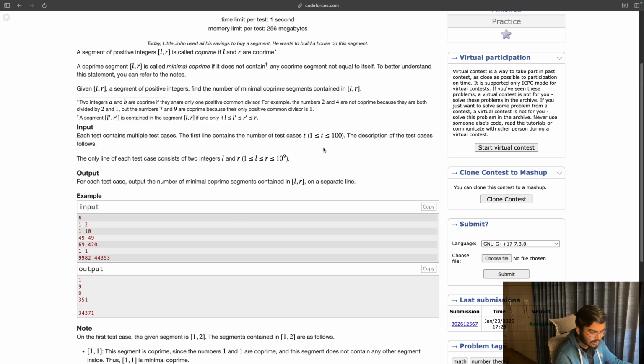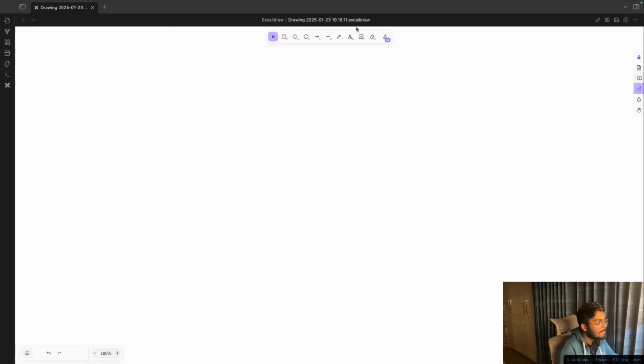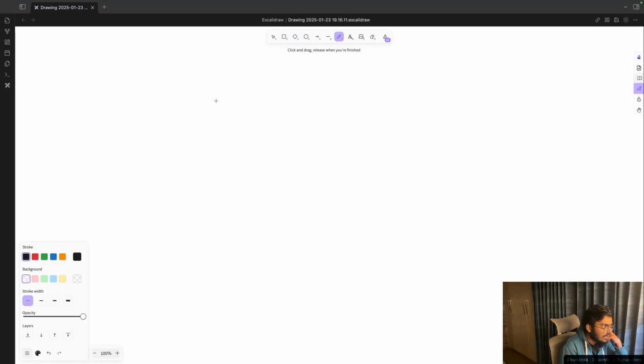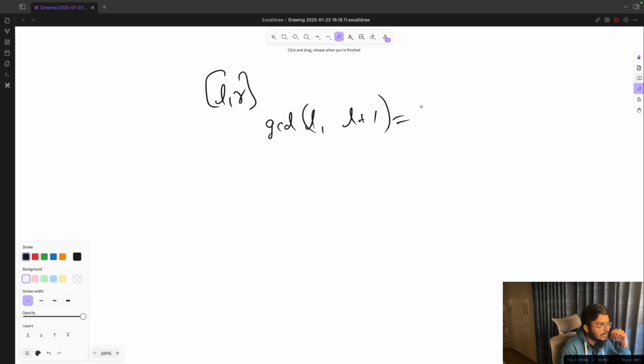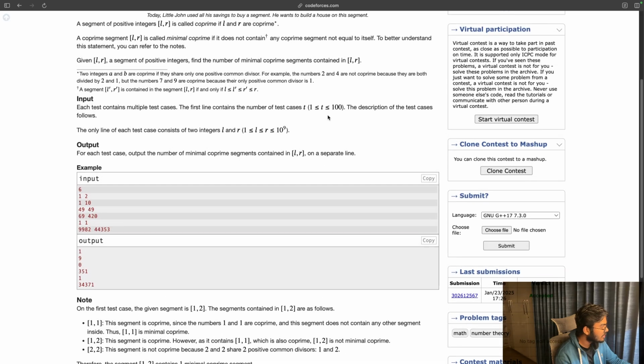Since this is the A problem, I will not discuss much about it, but what this basically means is that if you have an L, R, it is clear that L and L plus 1 will have a GCD of 1. Even if you don't really understand the problem statement, if you try to see the sample test cases, it is simply R minus L for this test case.